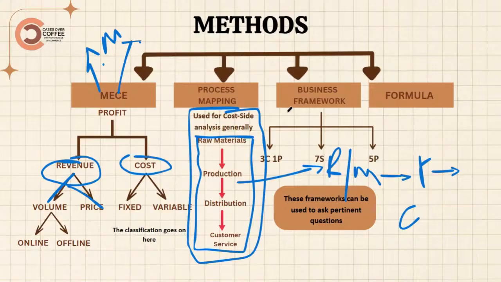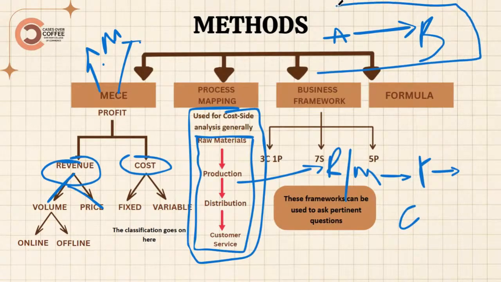Now, what we try to do in process mapping is list down the sequential steps that it takes to take thing A to B. In a profitability case, we try to understand at what specific process the problem lies.